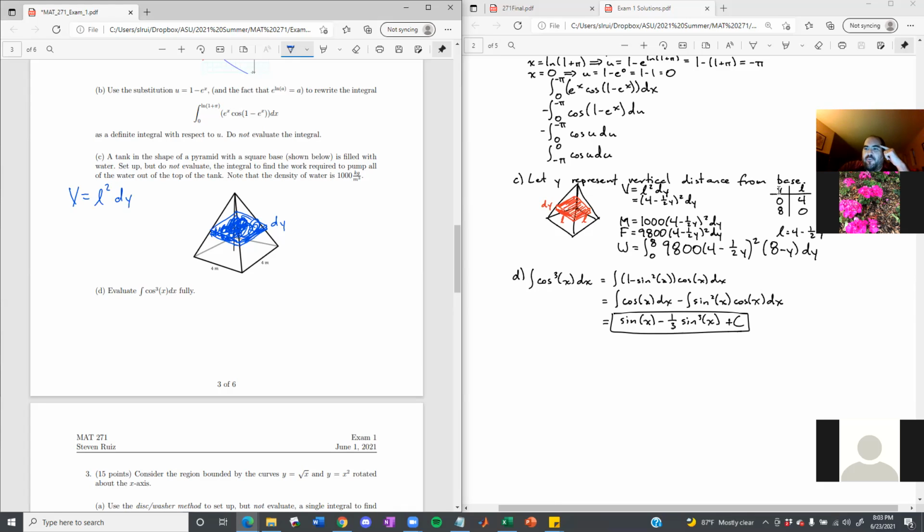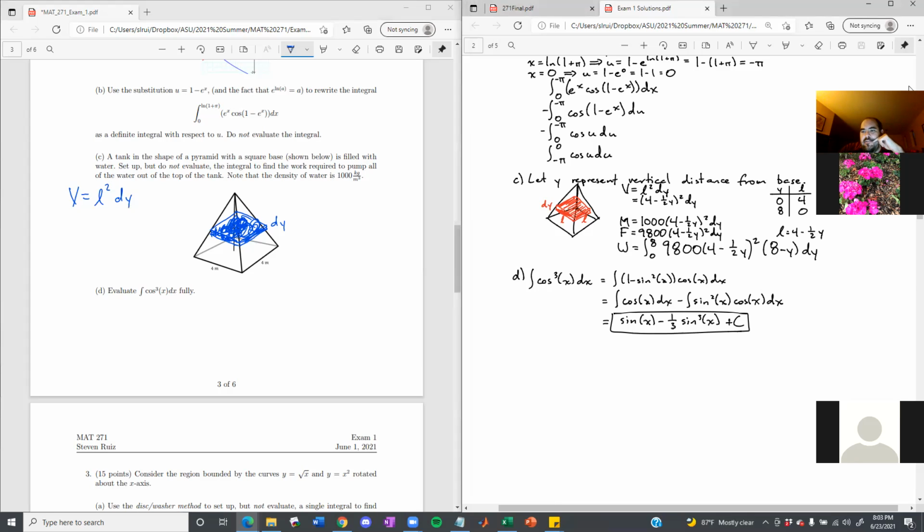If you look at my solution on the right here, I know that since my pyramid has straight sides, as I go from the bottom of the pyramid to the top, the side length of that square will decrease linearly. So I have this small table with 2 points in it to help me figure out an equation for the side length in terms of y.